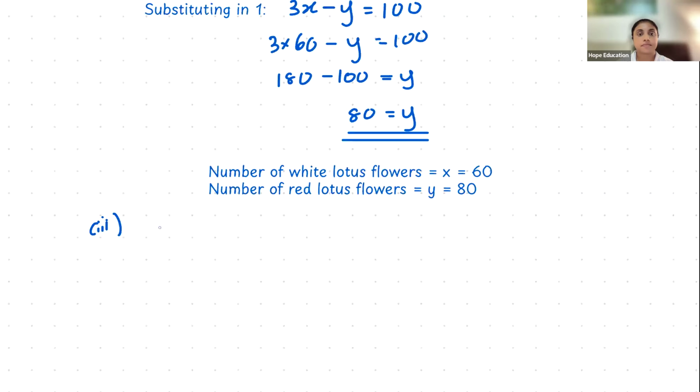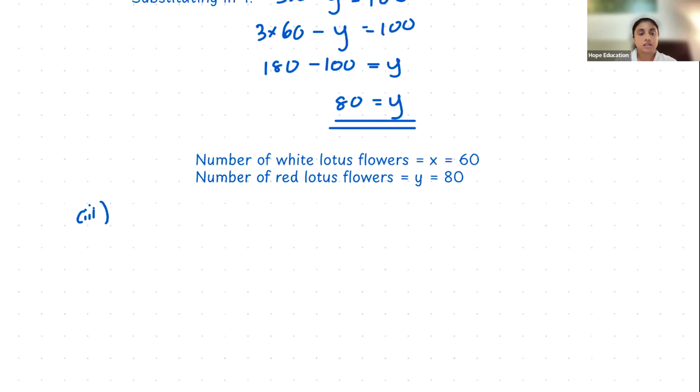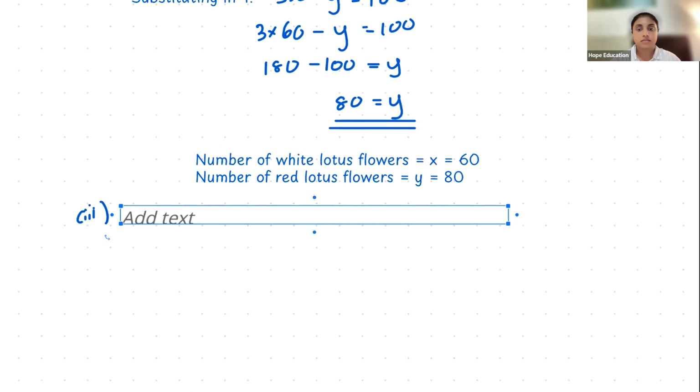So, difference equals amount spent on white lotus minus amount spent on red lotus, right?